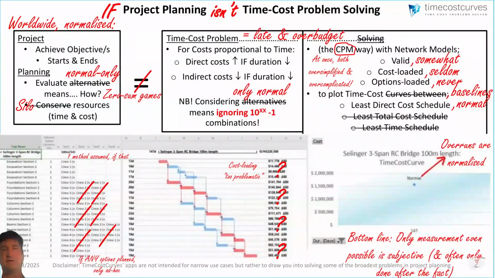So you are using CPM, but it's kind of at the kindergarten level, whereas you should be at the high school level, being a project time cost problem solver. So you're oversimplifying, but also in some ways you're overcomplicating, in terms of the different ways you link projects together, the thousands of activities and pages where you tie all of these things together.